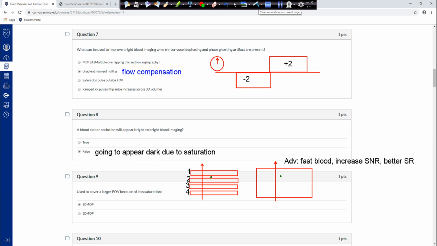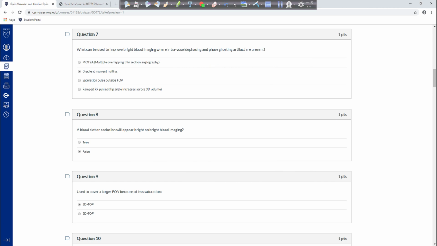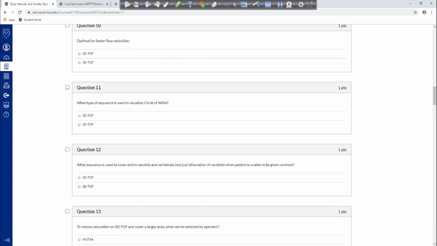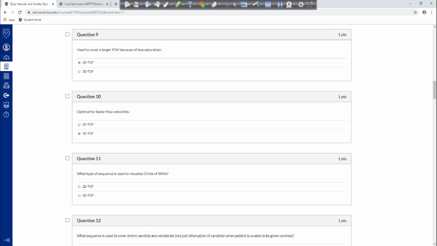All right. Have we got that written down from 7 to 9? Number 10. This is optimal for faster flowing blood. 3D. 3D, we already talked about that. And that's because of our slab.